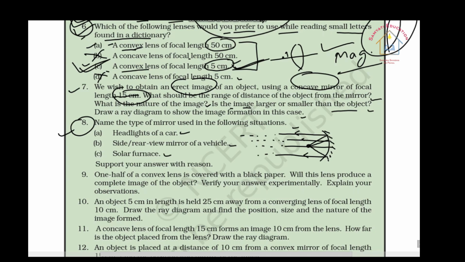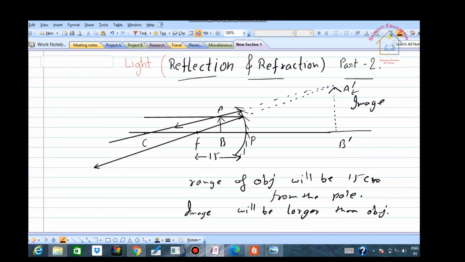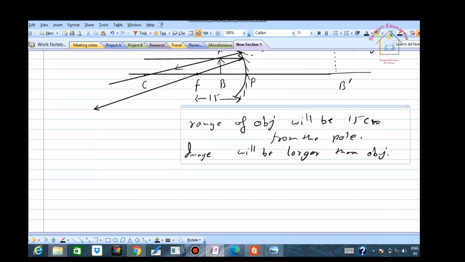For the side rear view mirror of a vehicle we will use a convex mirror, because a convex mirror can cover a large area.